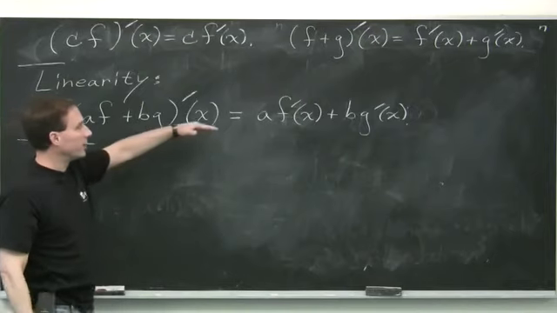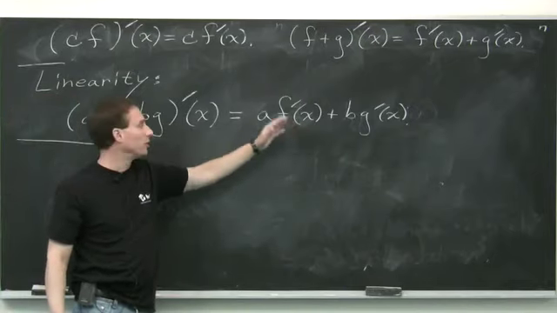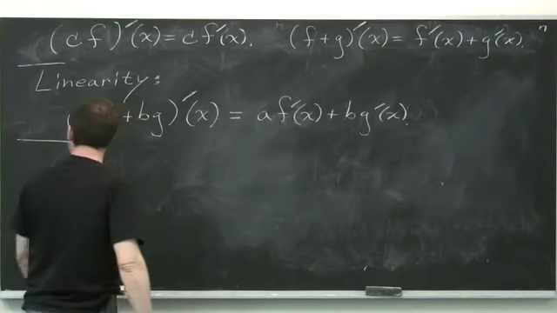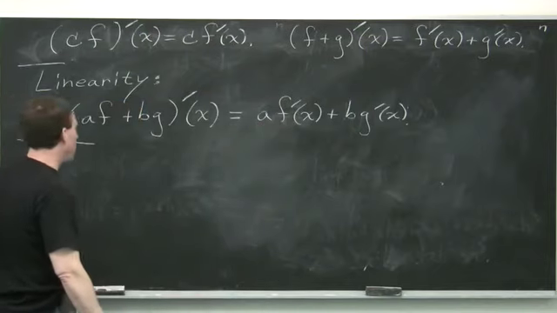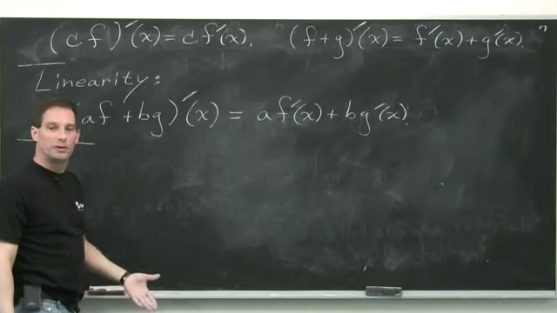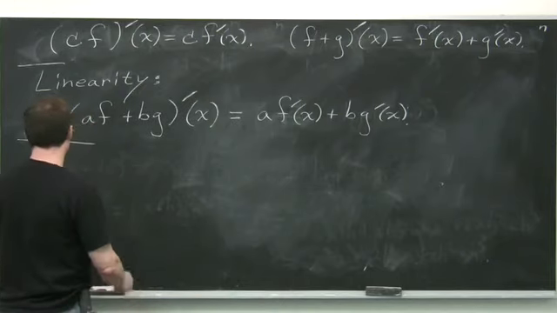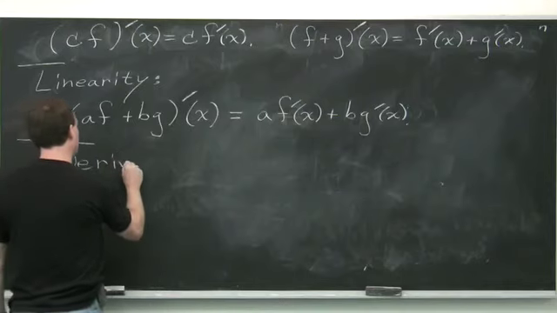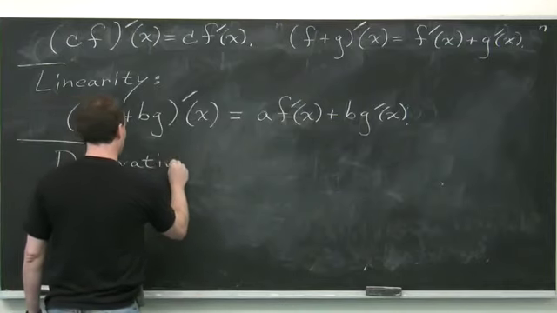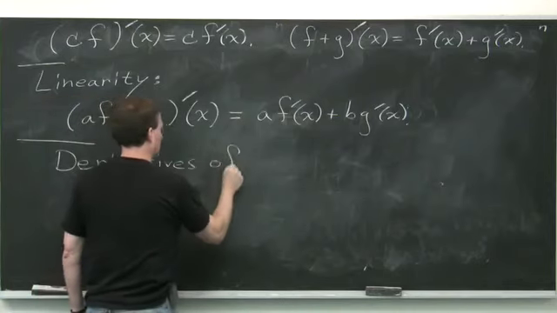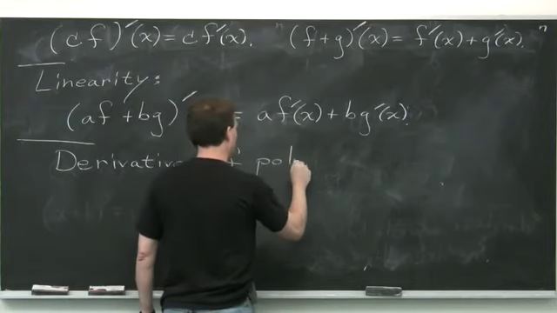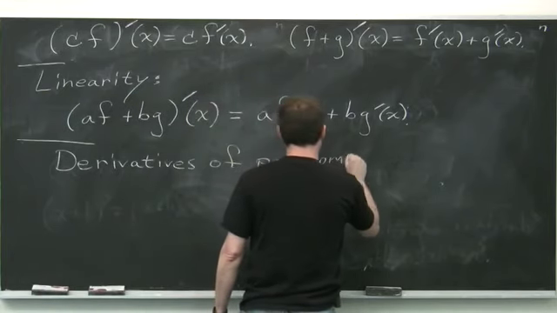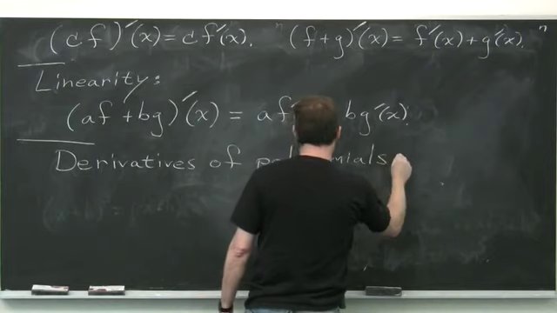If you iterate this to more sums and pulling out more constants, and you combine it with the power rule, you'll be able to differentiate every polynomial. So we can now differentiate every single polynomial as fast as we can write. So you look at derivatives of polynomials.